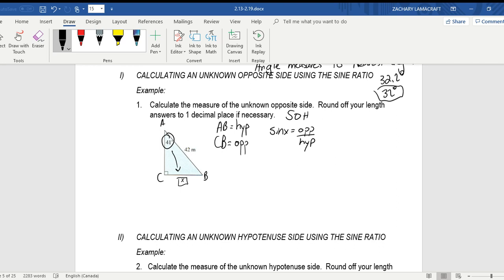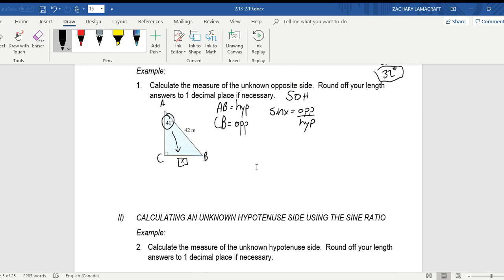We can begin to fill in some of the information that we have. The x always refers to the angle, so it will be sine 41 is equal to the opposite, which we don't know, so that's x, over the hypotenuse, which is 42 meters. Make sure you get that down.